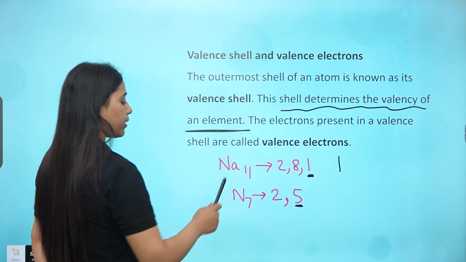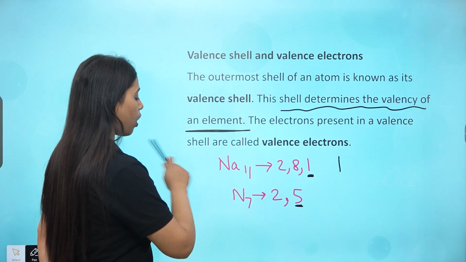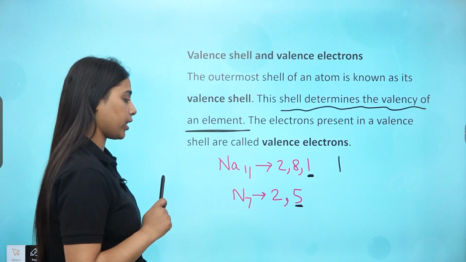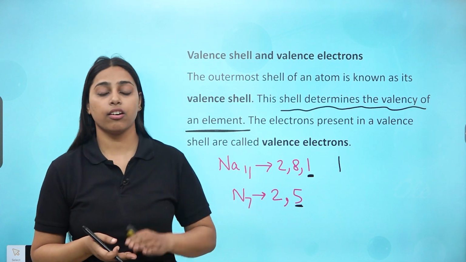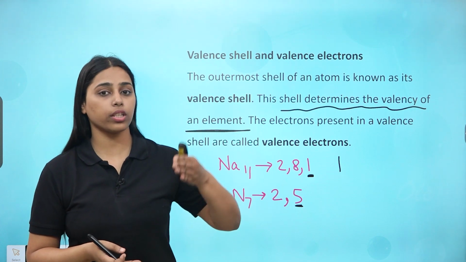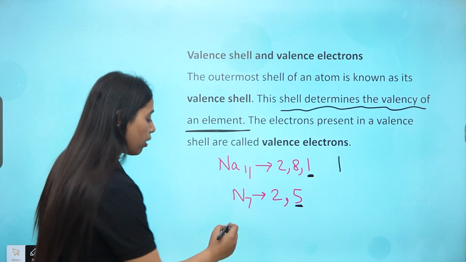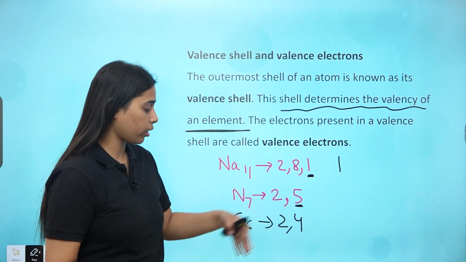Nitrogen has 5 valence electrons, but it doesn't have a valency of 5. It's a non-metal, so let's understand non-metals first. Whenever the last shell has 4 or more than 4 electrons, like 5 here, or carbon 2, 4, these are non-metals.